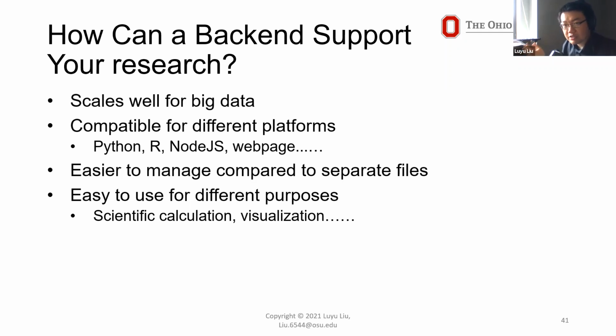You guys have very diverse backgrounds, and this can apply to different platforms, subjects, and purposes. So that's why we want to build a backend and connect these parts so that we can do this in real time, and make it more ubiquitous, more general.